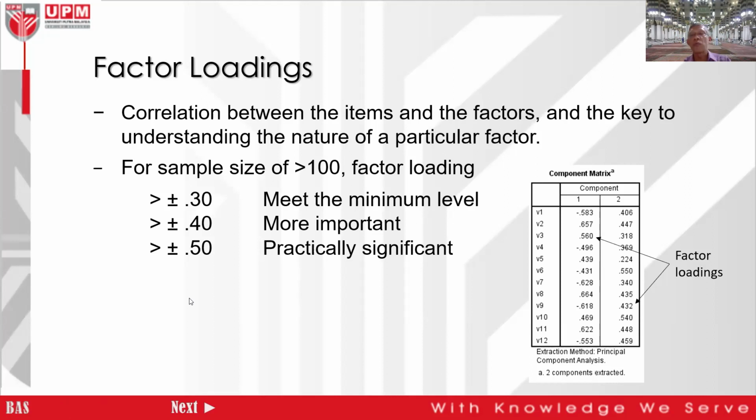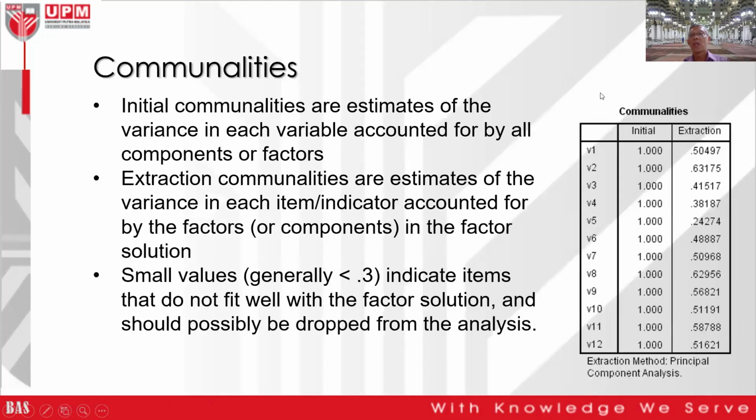So what we need to look for here, as an indication, is the communalities, not the common method idea. When you refer to the table for communalities, you look at the values.